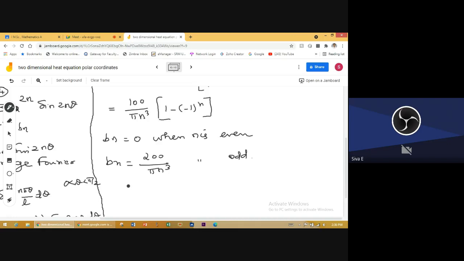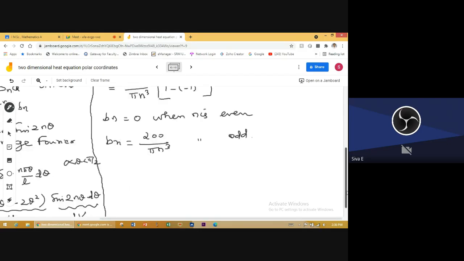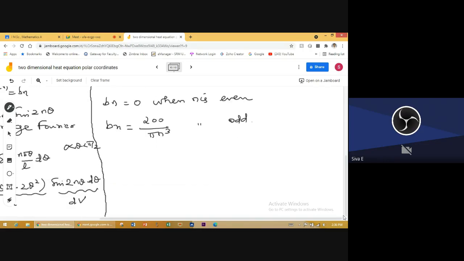Therefore, what is finally u of r comma theta? u of r comma theta equal to 200 by pi, summation of n equal to 1 to infinity over odd n, 1 by n cube, r by a whole power 2n, sin 2n theta. Okay, this is the solution of the problem.